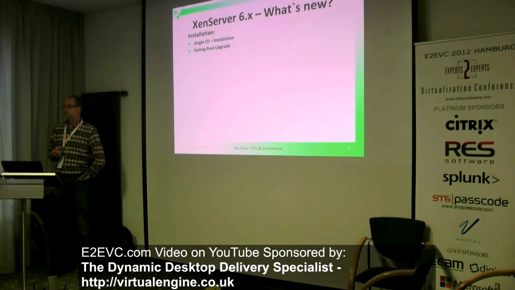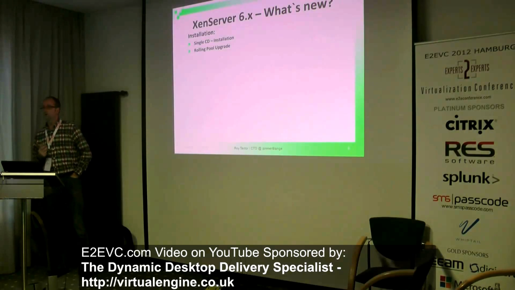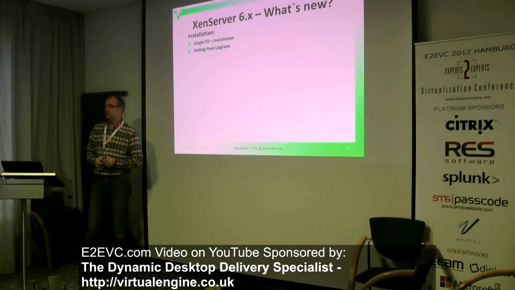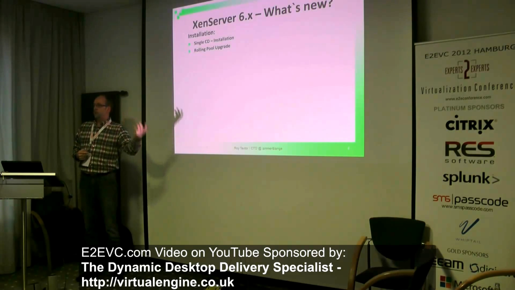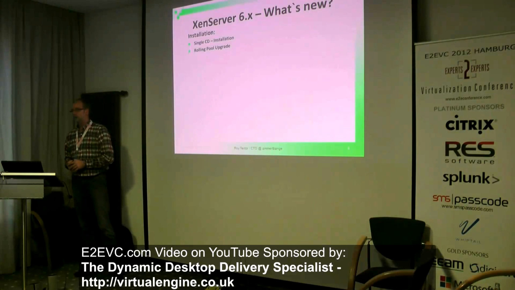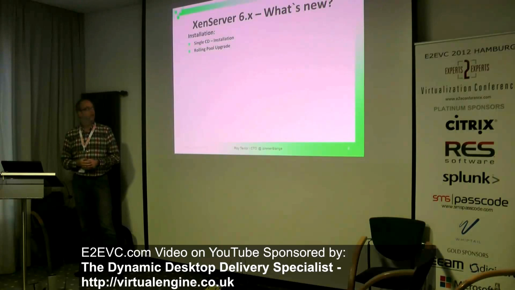Single CD installation, maybe you know. From the other versions, you get two CDs or two ISOs to install XenServer from. You have to install from the basic installation, and you were able to install supplemental packs. Now, since version 6, you only get one CD, but you can download additional supplemental packs from your MyCitrix account or some vendor sites.